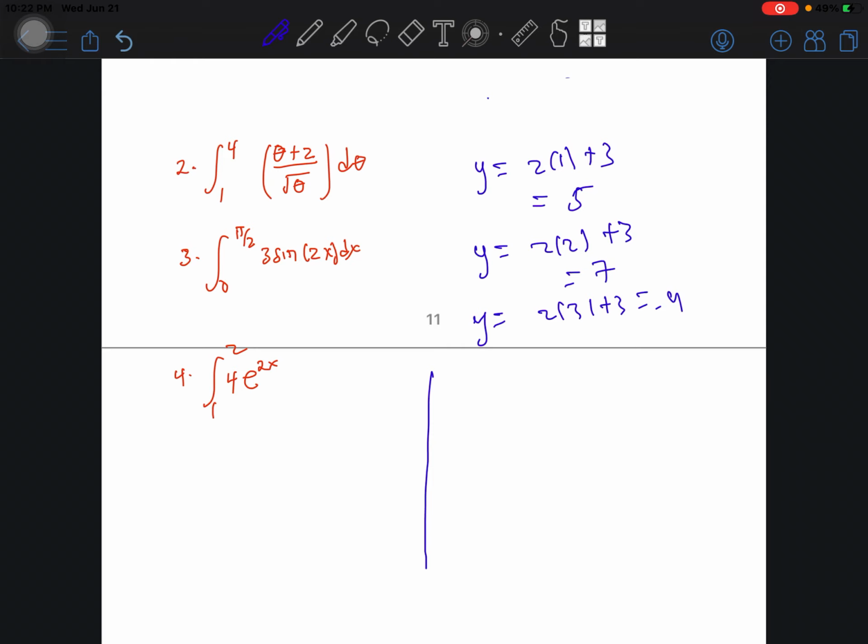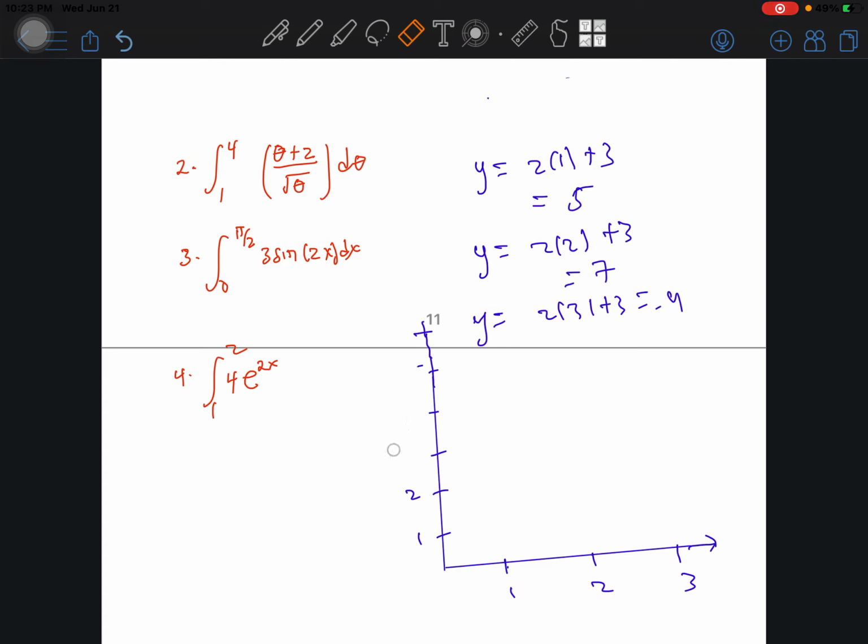If I'm drawing a Cartesian plane like this, starting from 1, 2, 3 on the x-axis, and then on the y-axis we label 5, then 7, and then 9.